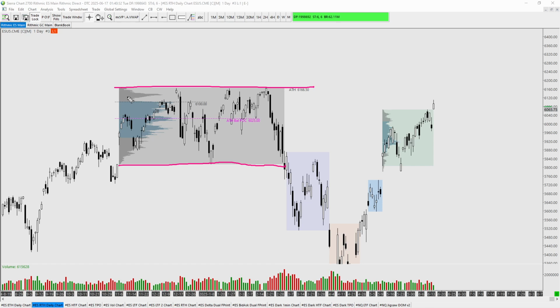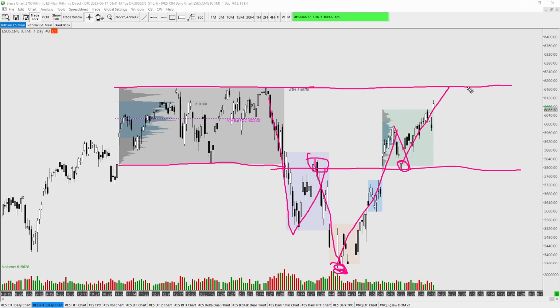So a couple months' worth of range. We'd been ranging, we lost the range, we came back, tested the range, rejected it, sold down. They found a low, they came back inside the range here, tested it again right there, and now they're rotating, trying to get it to the other side of the range.